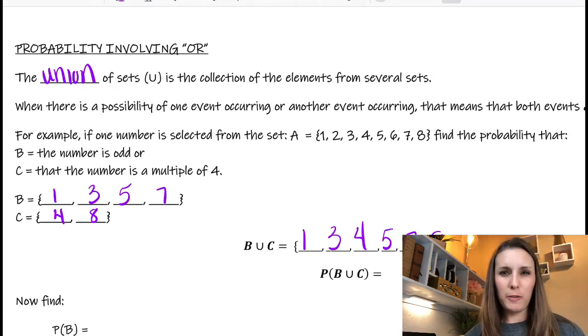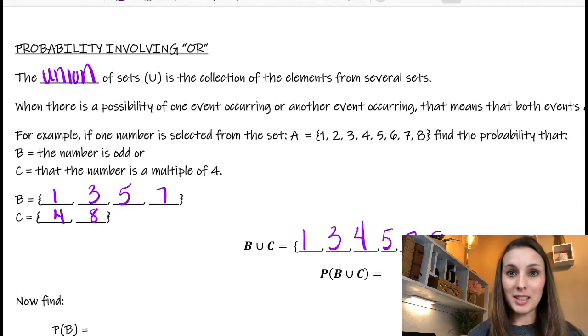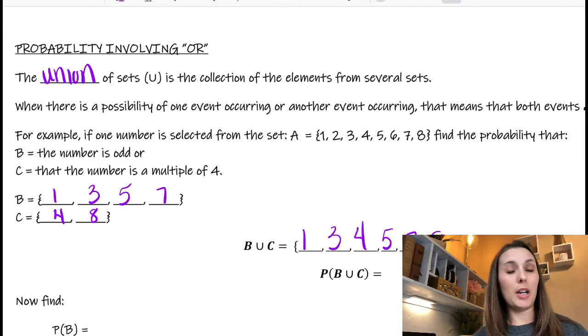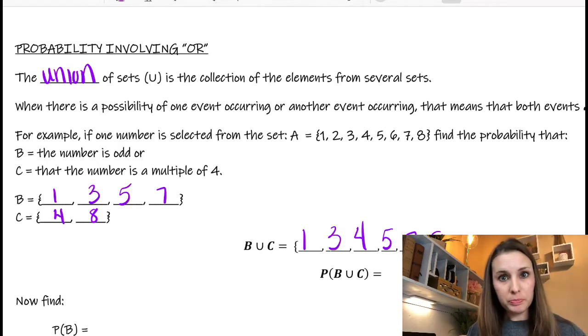Let's talk about union for a second if you're not familiar with sets. Think about union like a marriage. Two people get married and they both have items in their house that they each own.